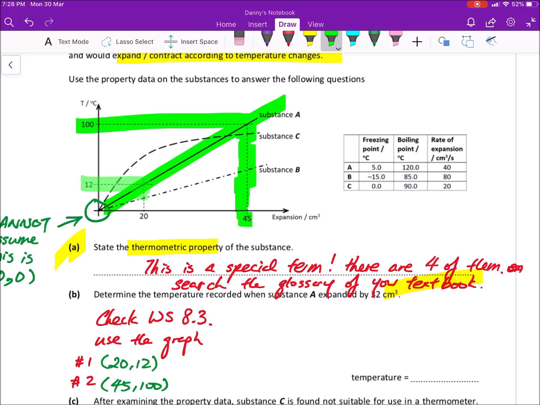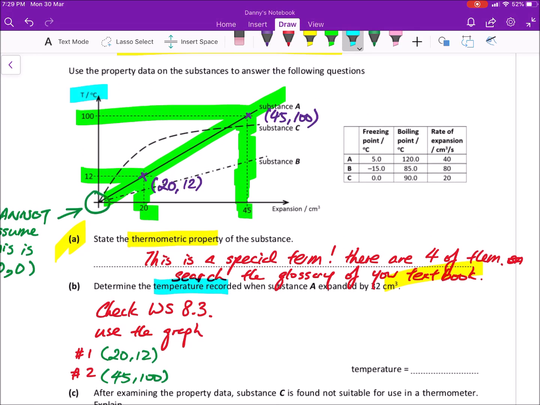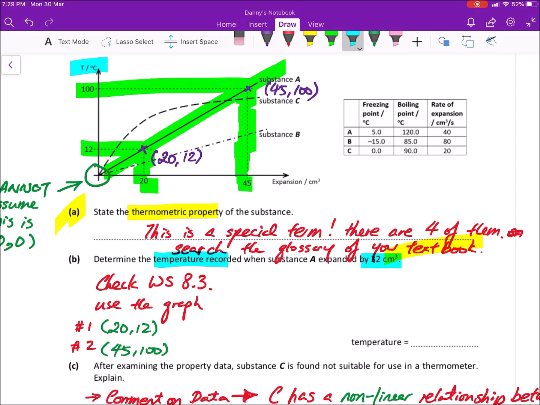With this, I will be able to get 2 sets of coordinates, 20, 12, and the other set is 45, 00. Now what the question wants is to find out the temperature when my liquid column expands by 32 cm.